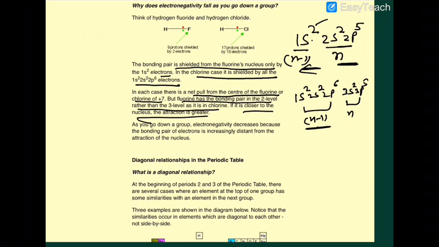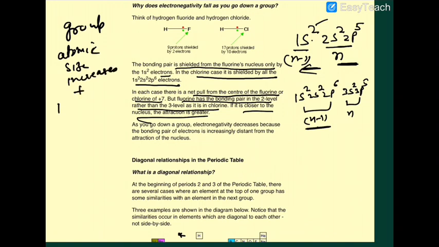So as electronegativity decreases down the group, two factors come into account: there is a decrease in effective nuclear charge and an increase in size. So in a group, atomic size increases plus effective nuclear charge decreases.